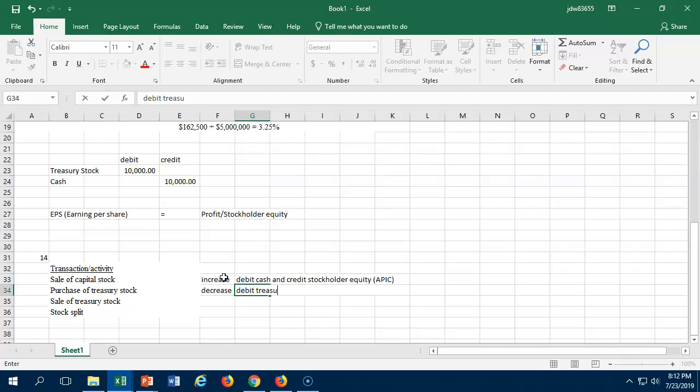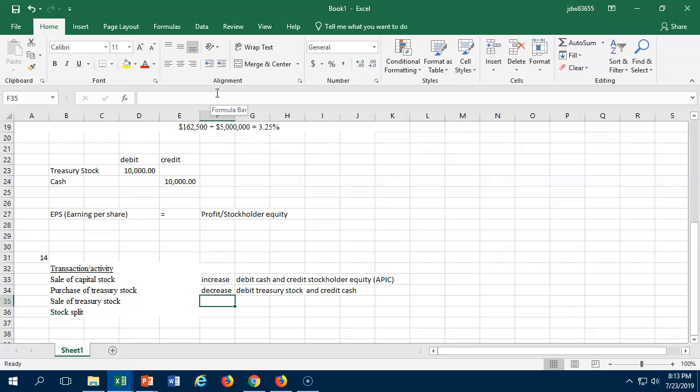Yeah, that would work. Yeah, treasury stock, and credit cash. So treasury stock, like that's in the section on the balance sheet of additional paid-in capital. Yeah.